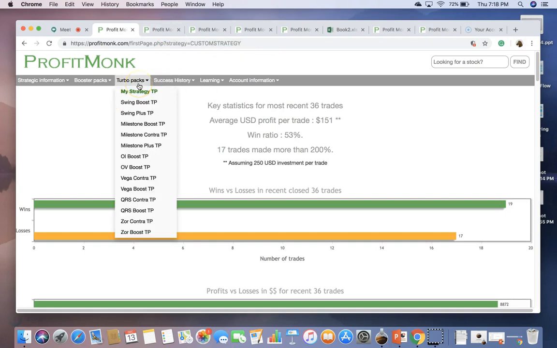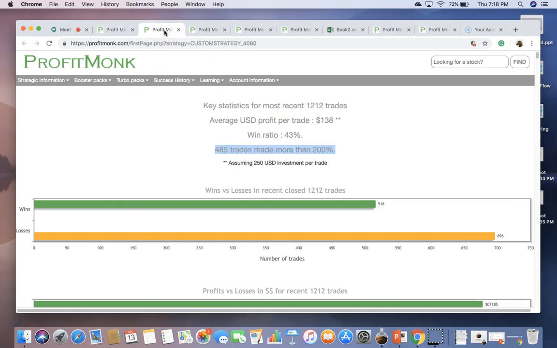Okay, so in the turbo pack, the first setup that I showed you, I did not use Milestone Plus. I did not use Swing Plus. I did not use QRS Boost. And I did not use ZOR Boost.